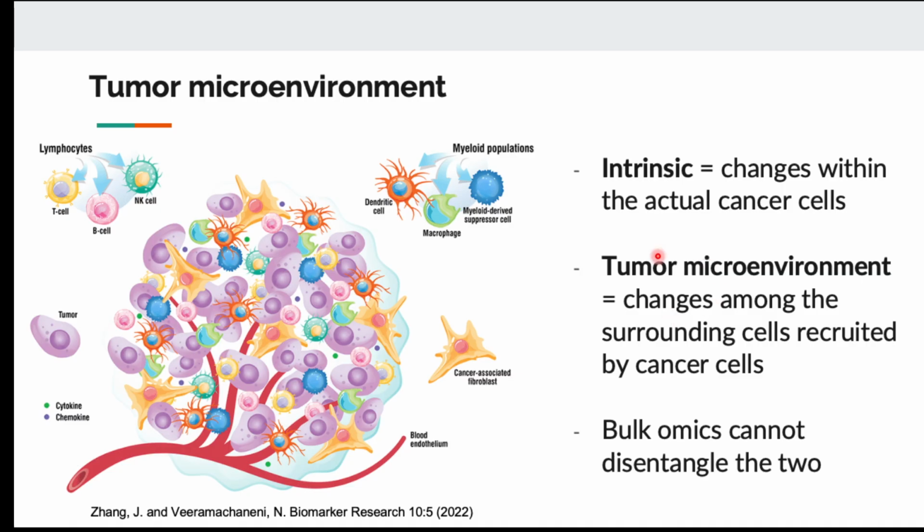When people talk about the tumor microenvironment, these are the other cells, non-cancer cells, even bacteria that populate nearby the tumors. Bulk omics cannot disentangle these two things. We don't know whether each upregulated gene is intrinsic to the cancer cell, or based on a change in the environment of the cancer cell.